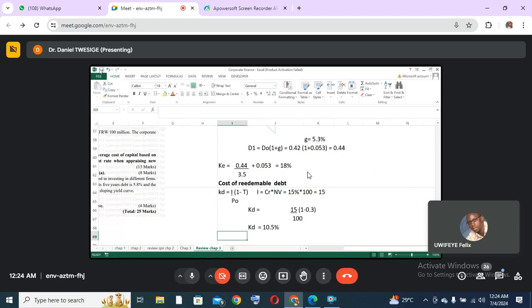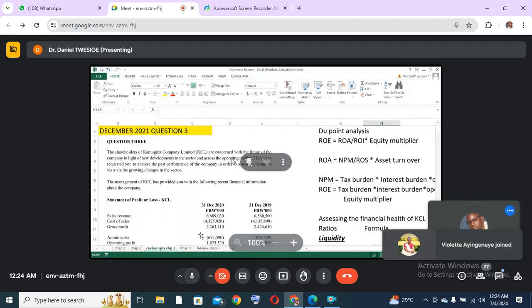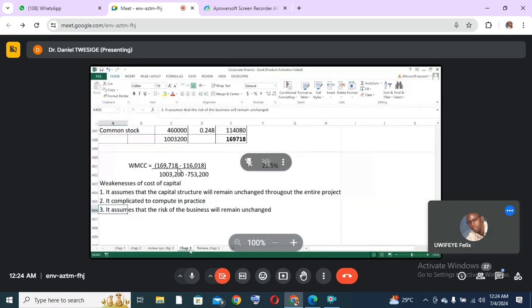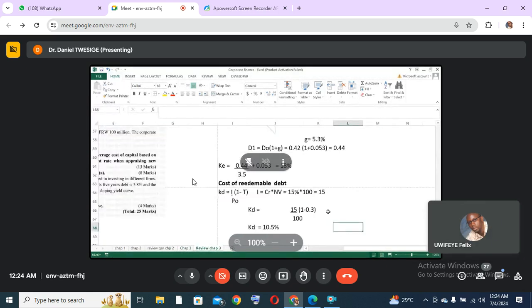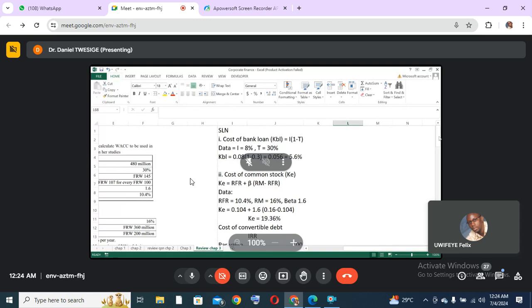Excel is good. You can share both the PDF and Excel, because in Excel is where we find the source of figures.